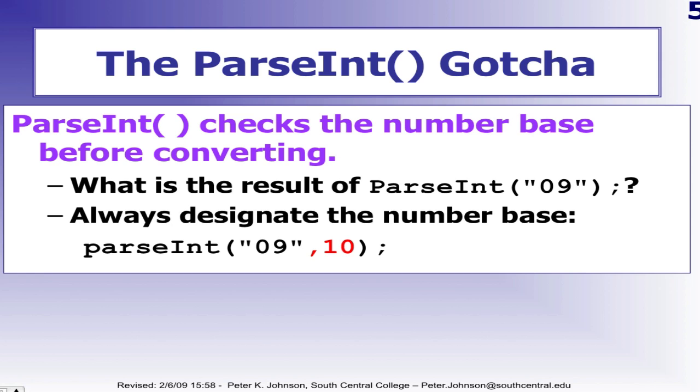So even if you have a 0 in front of your string, it's still going to treat it as a decimal. And the way you do that is use parseInt. You add in the string that you're using. In this case, we put "09", notice the double quotes, and then add a second parameter, comma 10, to tell JavaScript we want to do this in decimal.